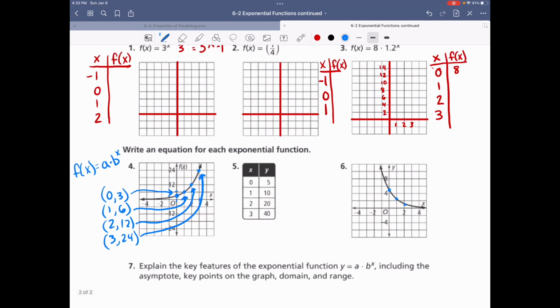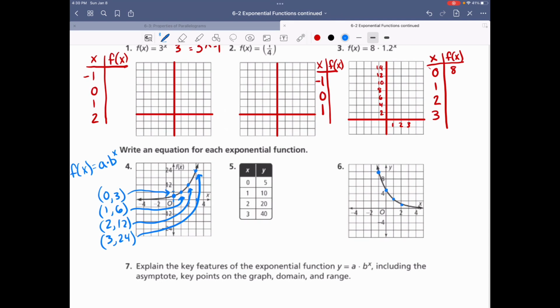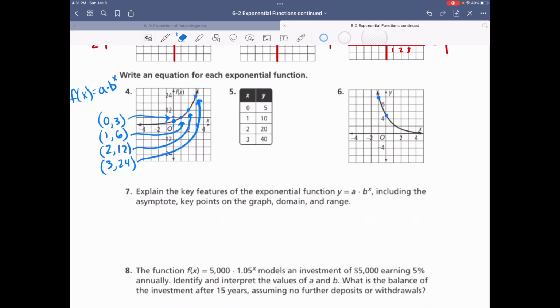So maybe we don't use those points and we just use those 2 points to figure out what the difference is, because it looks like we're dividing to get from 9 to 5. So it'll be a fraction, 9 divided by 5, 9/5. Looks like that's the rate of change.